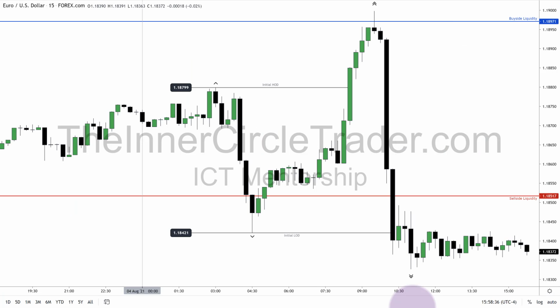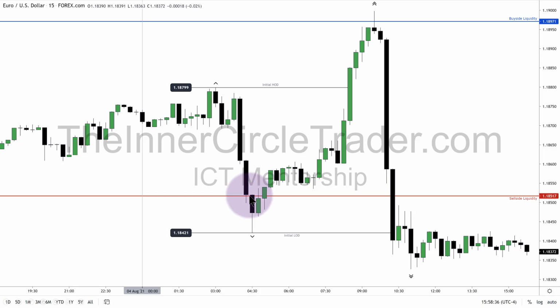All right, so here's the 15-minute time frame. Here is midnight New York time on the 4th of August, 2021. We had a shallow consolidation, creating a short-term initial high of the day right around the 3 o'clock in the morning hour, New York local time. Then it repriced lower for the London session, creating the initial low of the day.